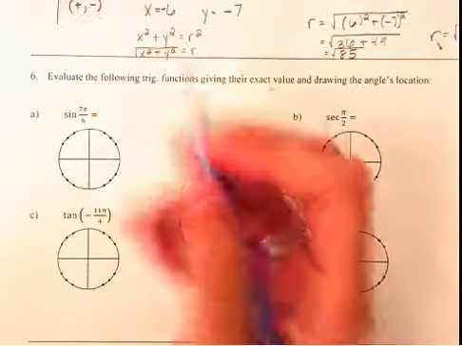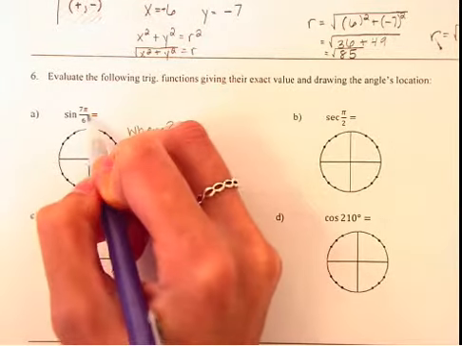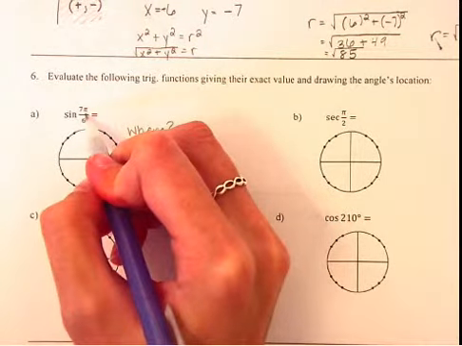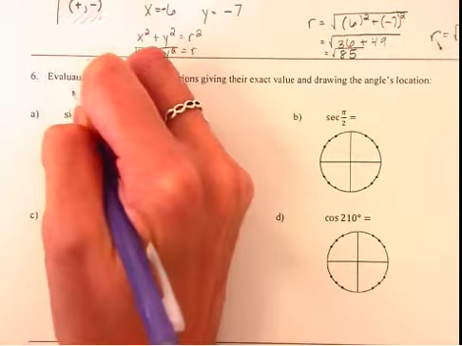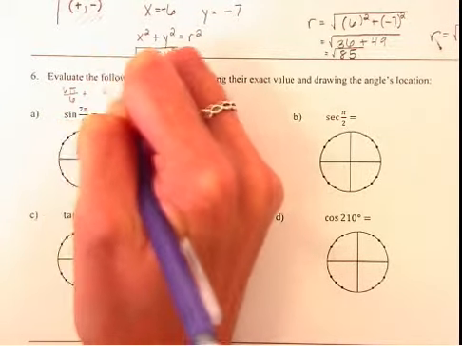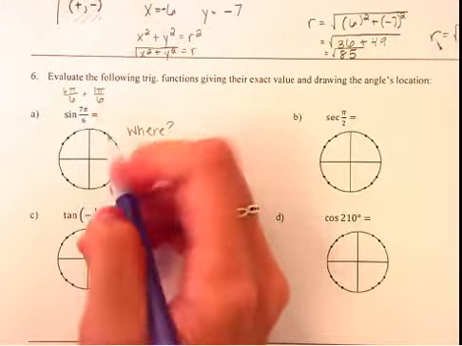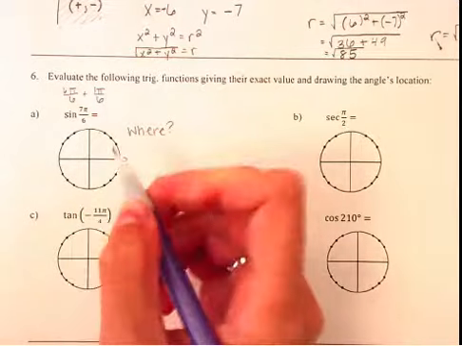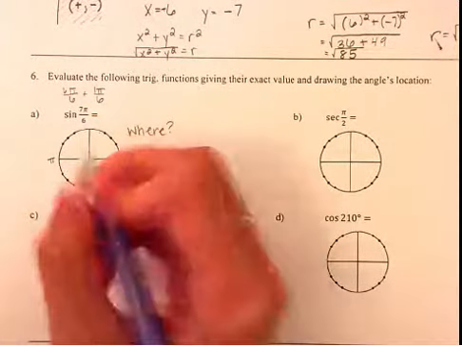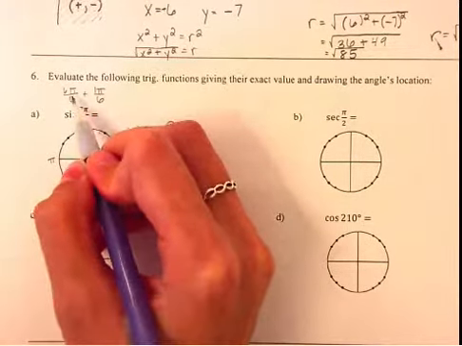First question I always ask, where is it? 7 pi over 6. Okay. 7 pi over 6, that's one more than 6 pi over 6. So that tells me if I started on my initial side, I passed the negative x-axis because this is a whole pi, or 6 pi over 6.